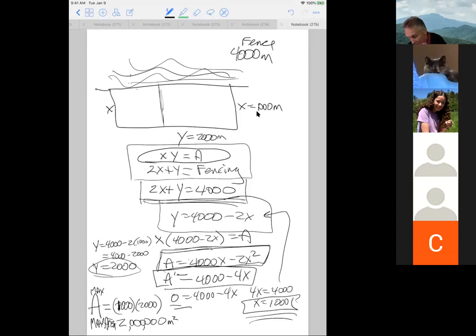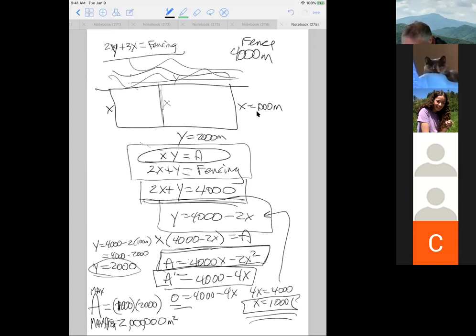It would have a 3rd fence, and that means you've got 3 x's. And it's not along a river, so you've got 2 y's. So an equation for that situation would possibly be 2y plus 3x equals the amount of fencing you have.